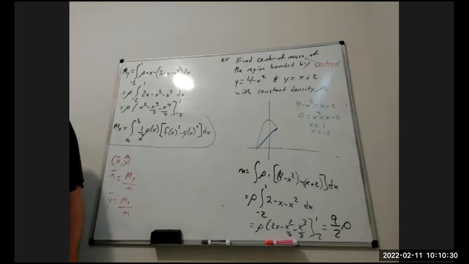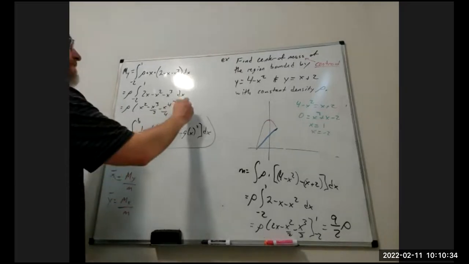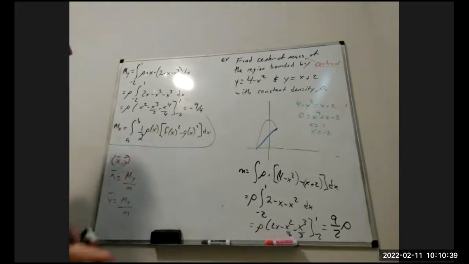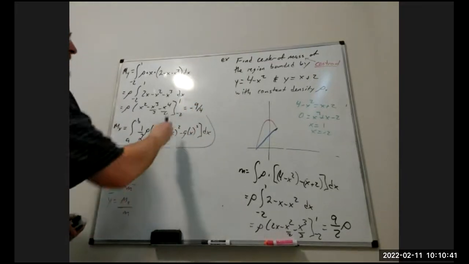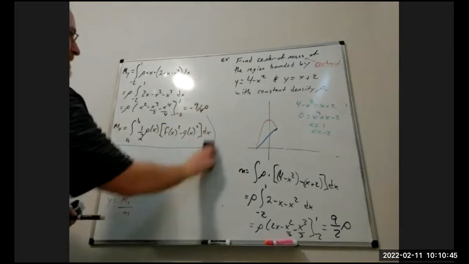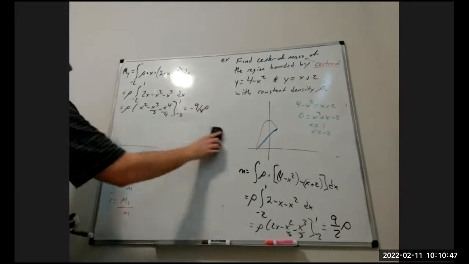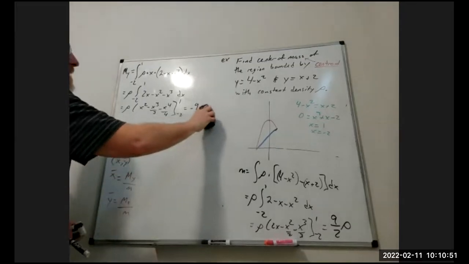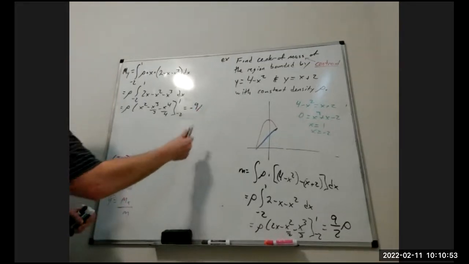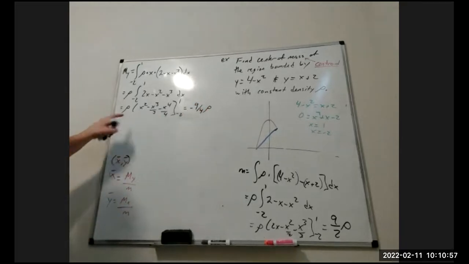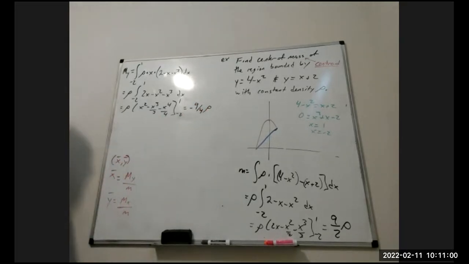And we get -9/4 times rho. So another pretty easy one to calculate. Just a matter of plugging those numbers in. So you get -9/4 and then it's times rho. So there's our My.